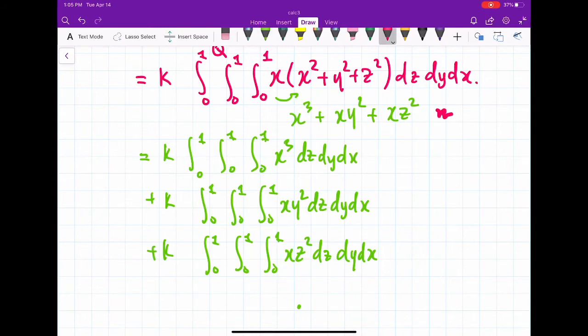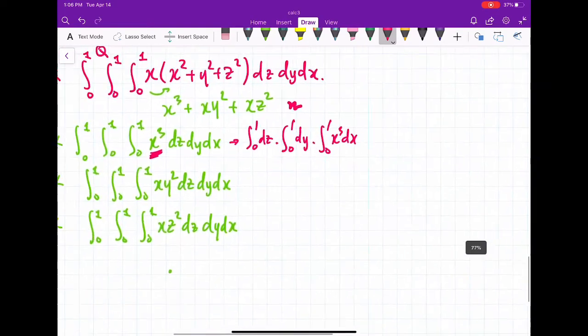The first integral, here we have only x cubed, so I write a product of integral 0 to 1 dz times 0 to 1 dy and 0 to 1 x cubed dx.